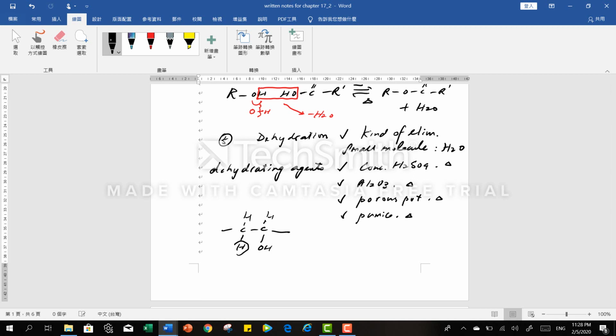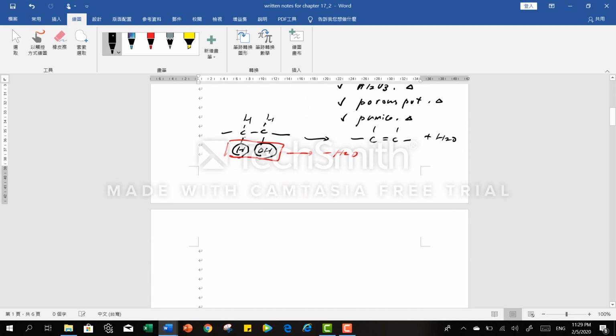So basically what's doing here is we need one H and one OH. Remember, the H and the OH have to be connected with adjacent carbons, okay? So the water will be pulled out. So in the end, you will get a double bond together with water. Now remember, if the case is like that, let me show you. For example, here is OH, and this one is H, right?